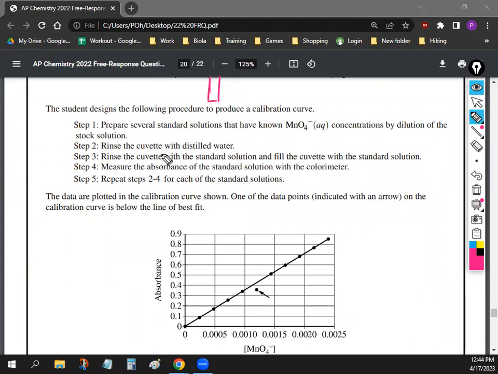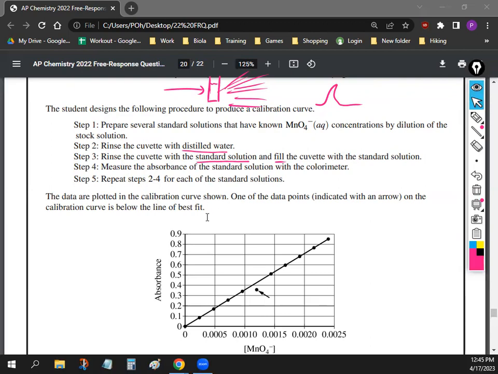Then you put it in this machine, and it shoots light into it, and then you get that absorbance peak from that. That's basically what this situation is saying.